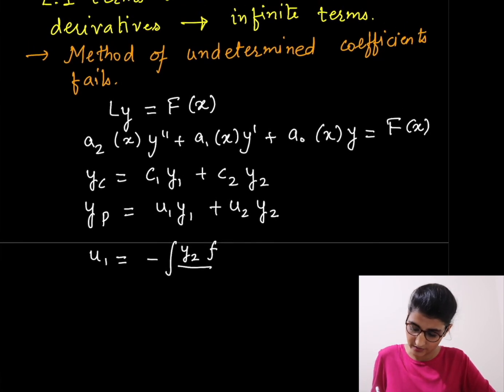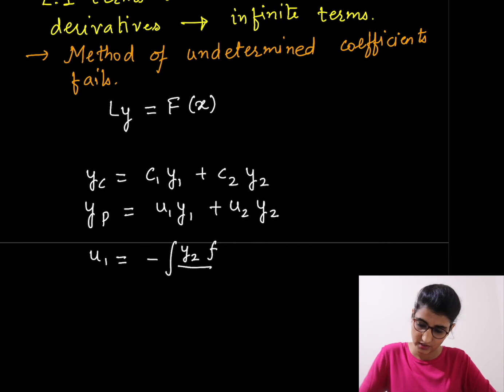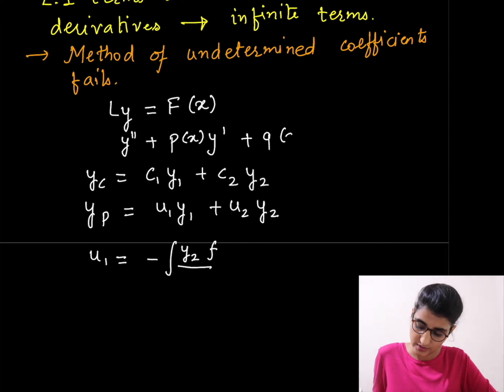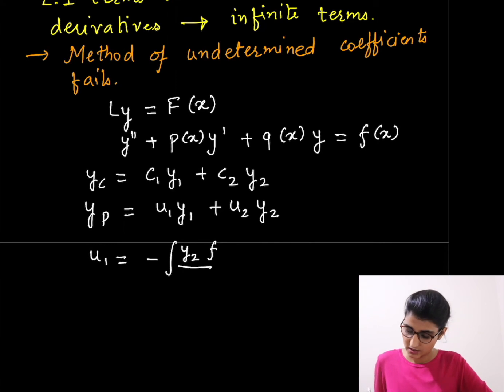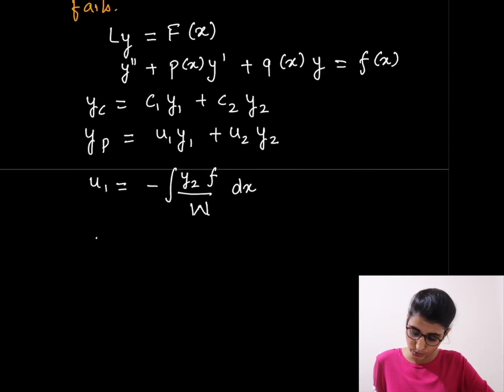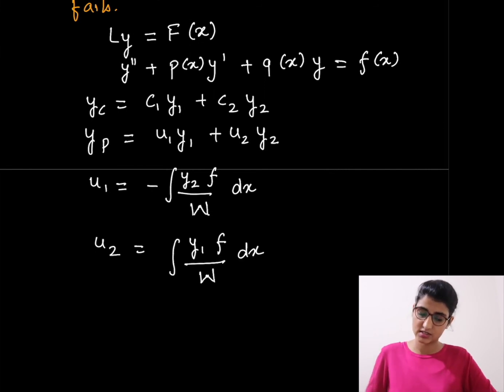First we write our equation in standard form: y double prime plus p(x)y prime plus q(x)y equal to f(x). Then u2 is given by the integral of y1f divided by the Wronskian of y1 and y2 dx.